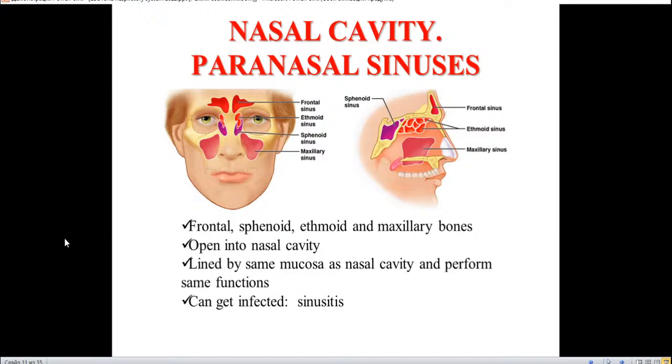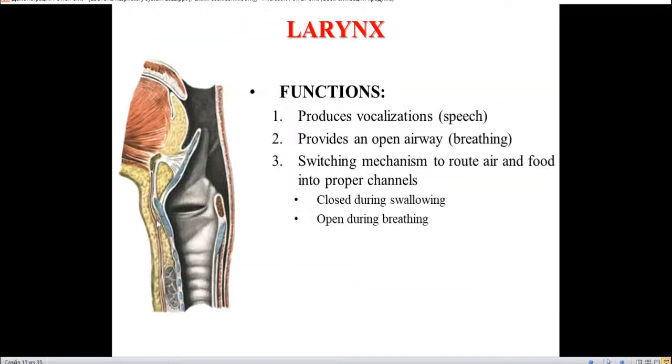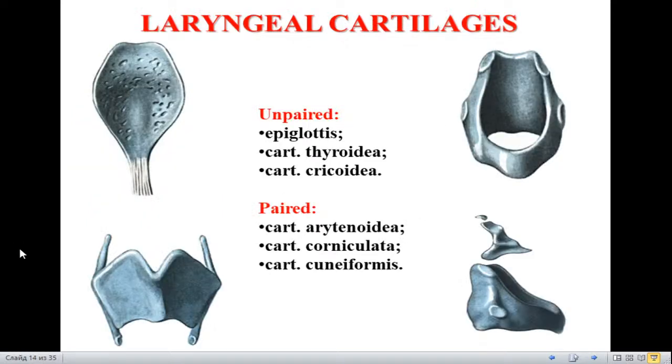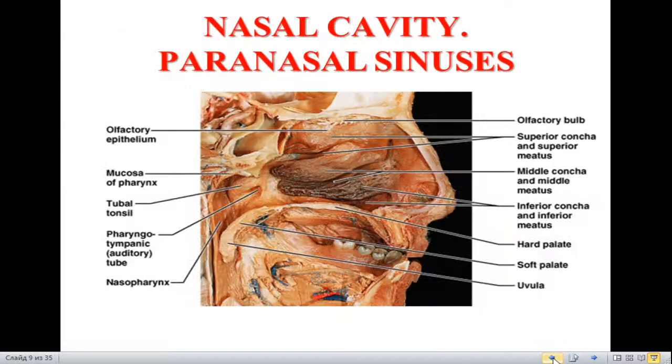So, the nasal cavity and paranasal sinuses. Let's return to the nasal cavity and paranasal sinuses.